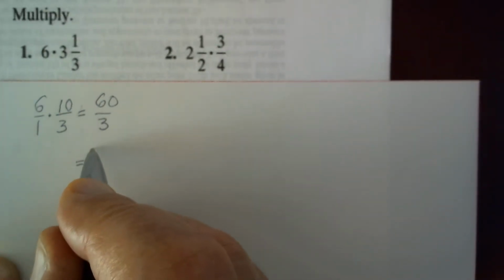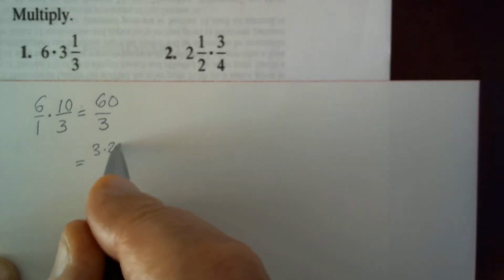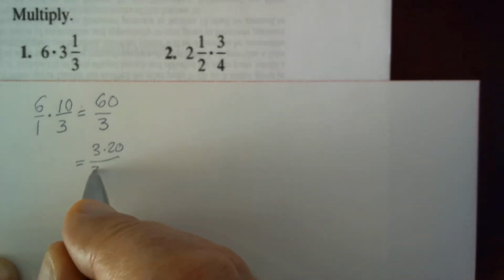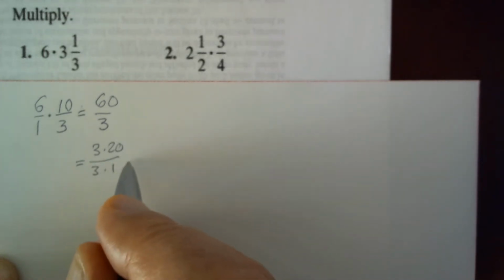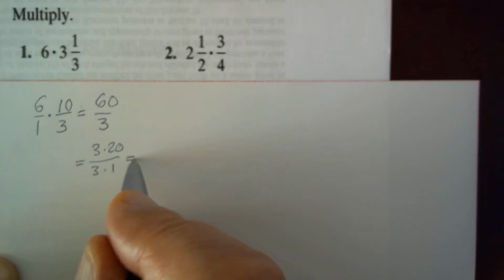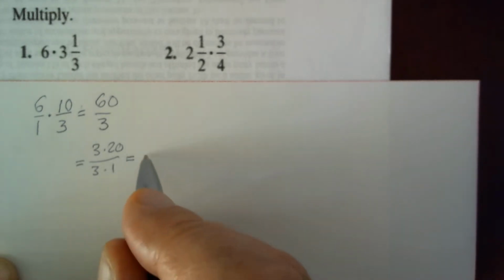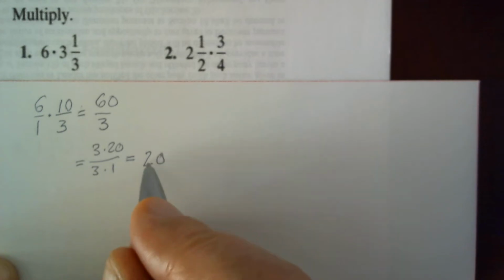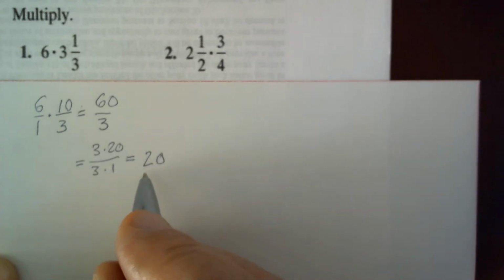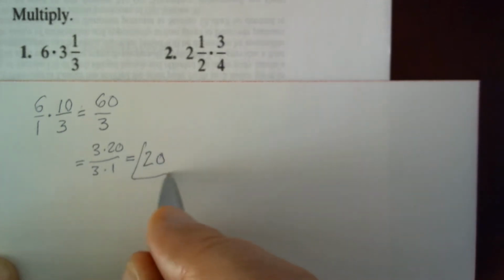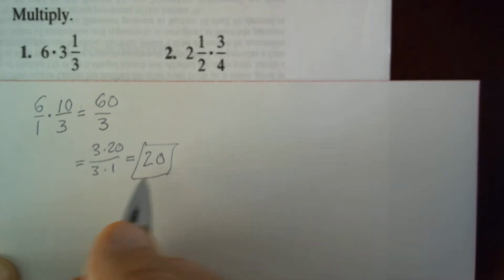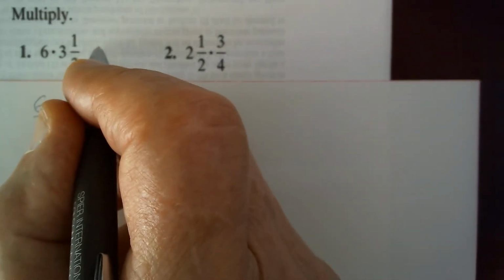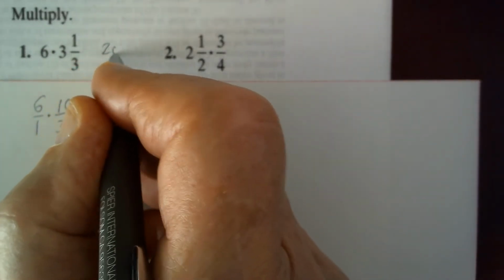And that would be the same as 3 times 20 divided by 3 times 1. And that reduces to 20 divided by 1, or simply 20. So that's the answer for number 1, 20.